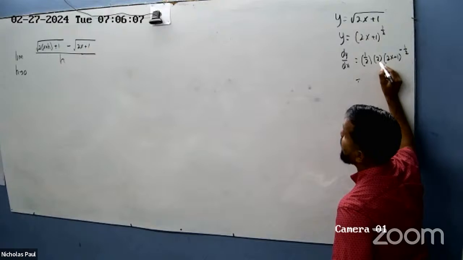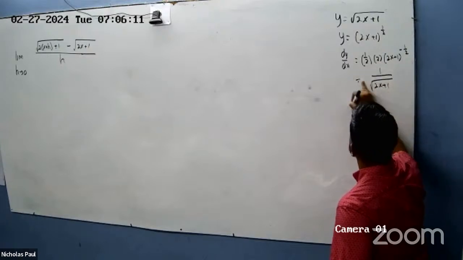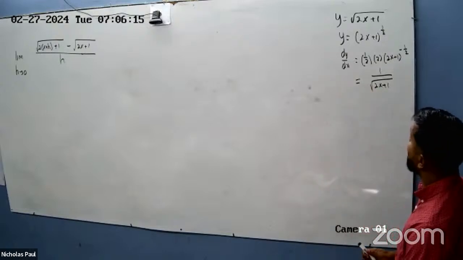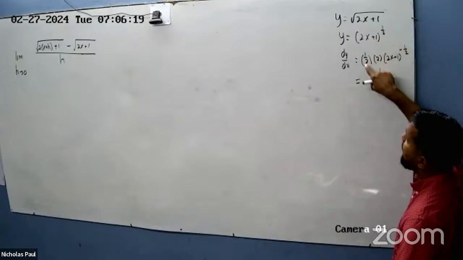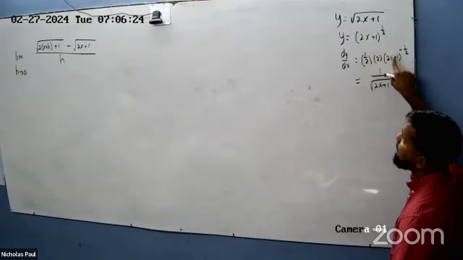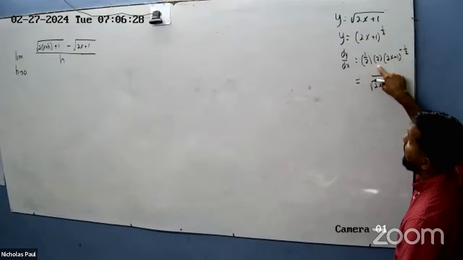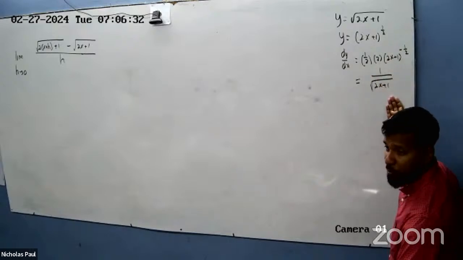A half of 2 is 1, so you'll get 1 over the square root of 2x plus 1. That's the answer. Or you pull out the 2, differentiate the bracket, bring down the power, and differentiate inside the bracket, write back the bracket, and minus 1 from the half. Yeah, it's a shortcut rule. So this is what our answer is supposed to look like.